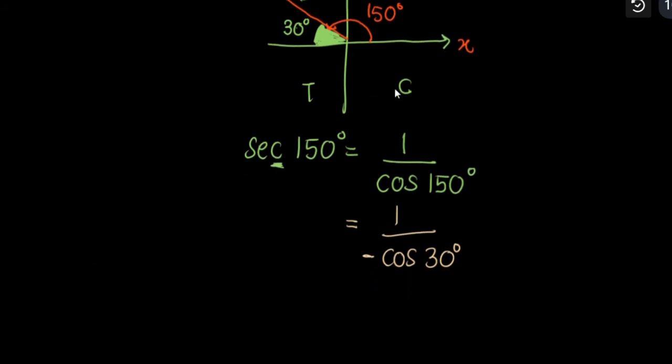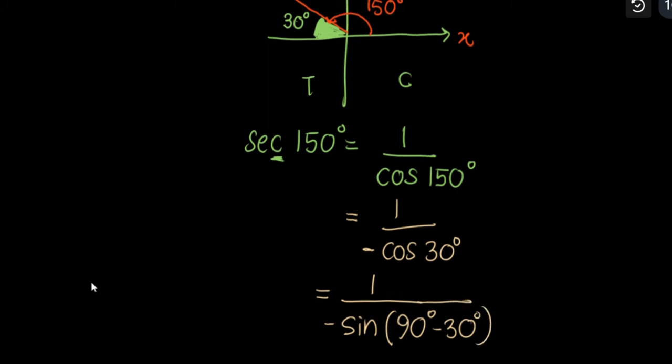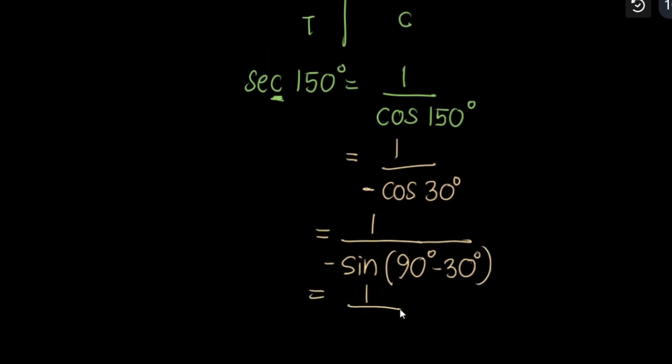Now, who is the best friend for cos? Now you find the best friend for cos. The best friend of cos is sine. So negative sine of 90 minus 30. So we get here 1 over negative sine 60.